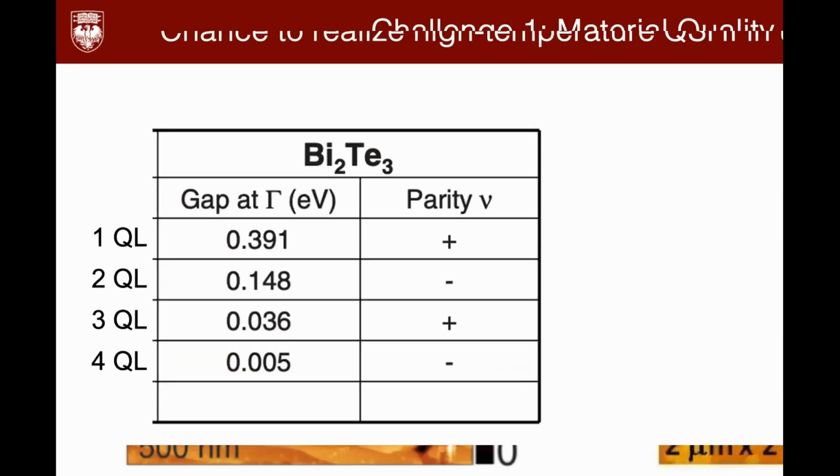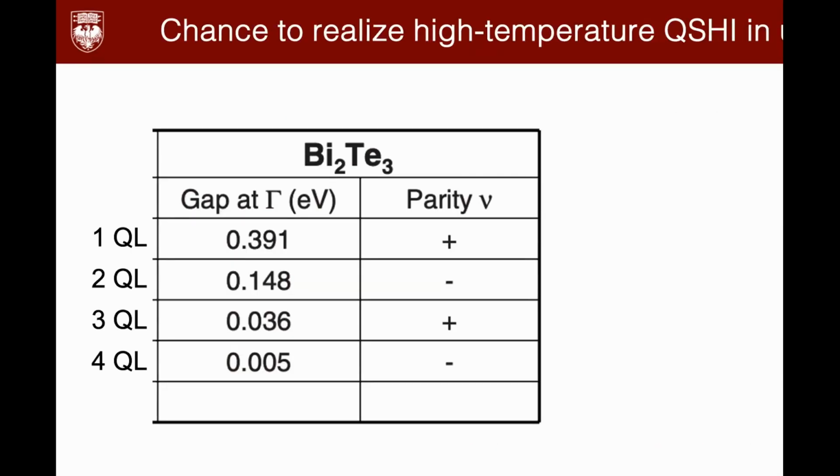In fact, there was a missed opportunity from 15 years ago. 15 years ago, there was a very straightforward theoretical prediction when bismuth telluride was first proved to be a 3D topological insulator. Nowadays it's easy to use density functional theory to look at the materials when you push down to ultra-thin limits.